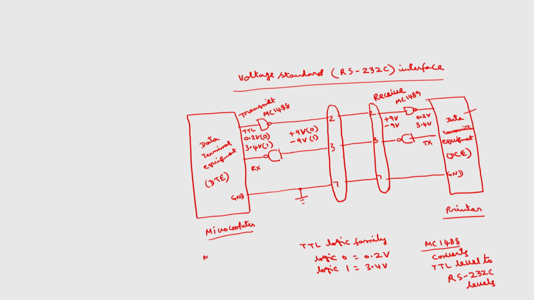So MC1489 converts RS-232C levels into TTL levels. This is how we can make the communication. RS-232 has nearly 24 signals in total, and I have not shown all the signals.